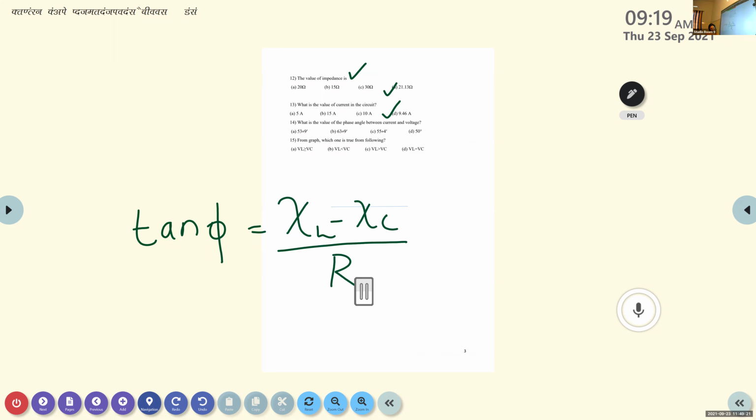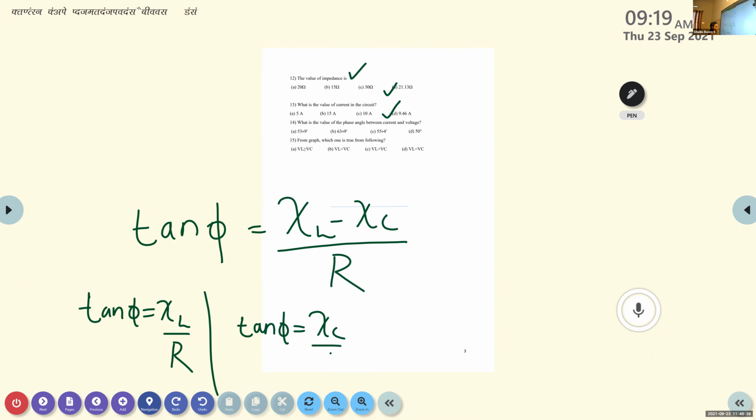Depending upon the circuit, we can rearrange the equation. If only X_L is present, tan phi is equal to X_L by R. If only the capacitor is present, tan phi is equal to X_C by R.